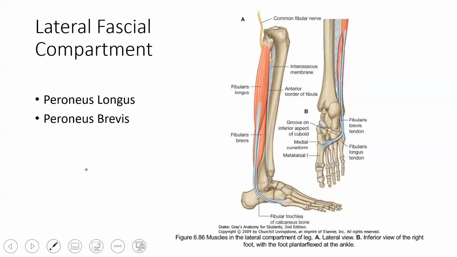Here you can see the lateral compartment. Here you have two muscles, the fibularis longus and the fibularis brevis. The fibularis brevis is attached to the base of the fifth metatarsal, and the fibularis longus extends over the plantar surface of the foot, and gets inserted into the medial aspect of the foot, to the medial cuneiform at the base of the first metatarsal.